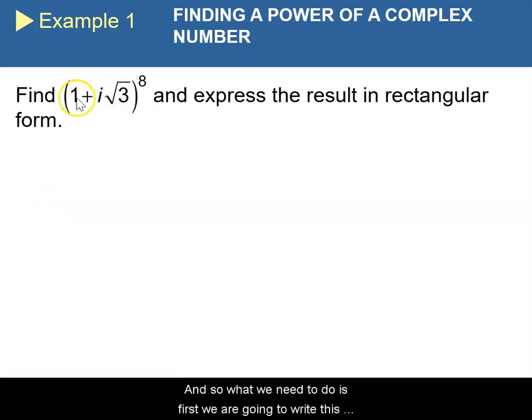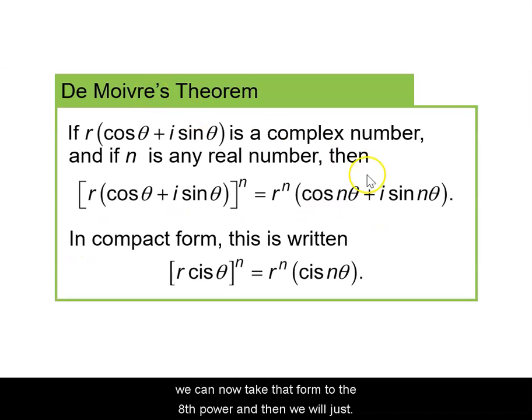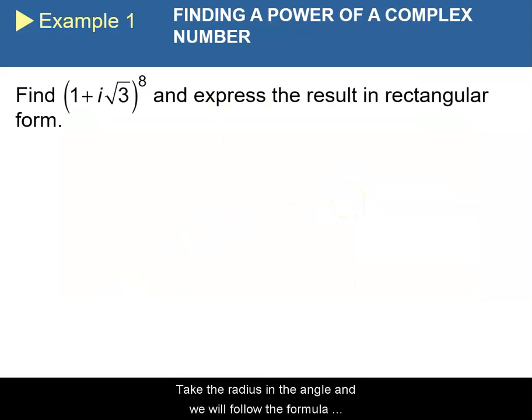First we write this in polar form: we find the radius and the angle. Then we take that form to the 8th power, using the radius and angle, and follow the formula.